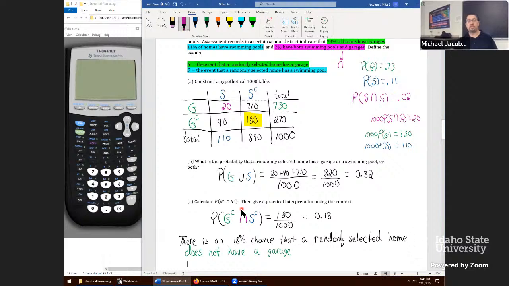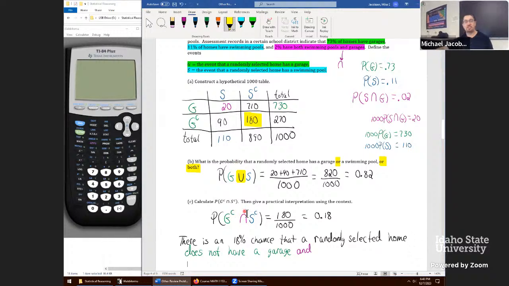Right here, we're just going to literally say "and." The intersection symbol is conflated with "and," and the union symbol is conflated with "or," but it's an inclusive or, so it includes both outcomes at the same exact time. That was the 20, where both things happened at once.